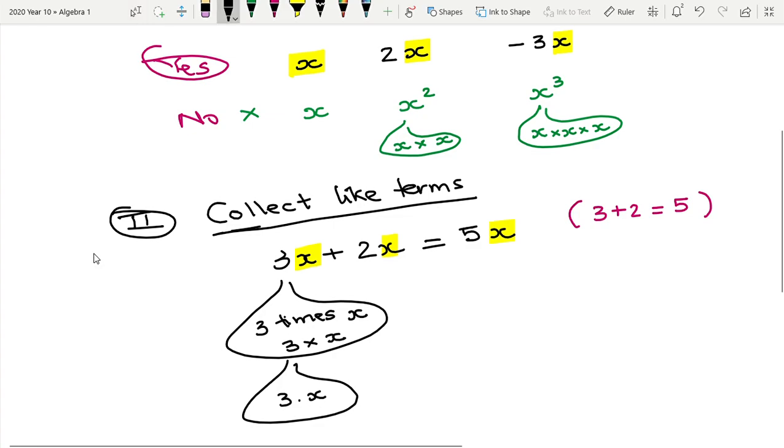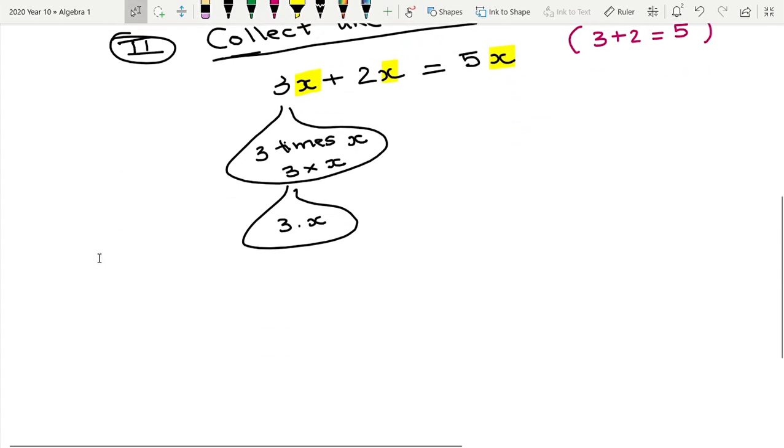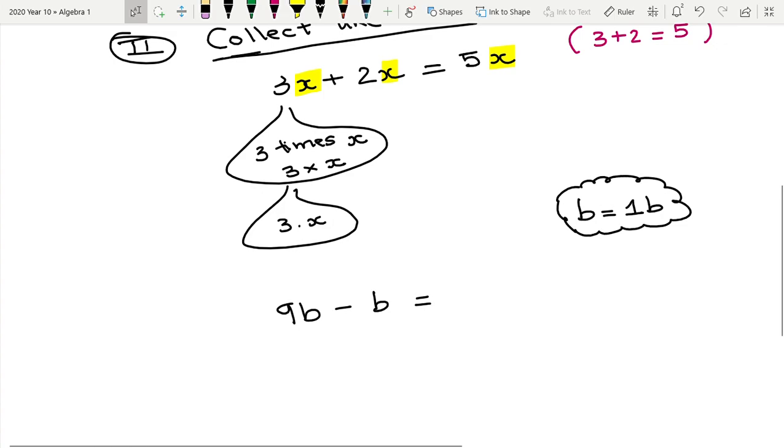For a harder example, we can try the one with the negative. So let's say 9b minus b. Okay, here we go. Whenever you have something like b or x, b means 1b. Just like when you say a banana, it means one banana. So b means 1b.